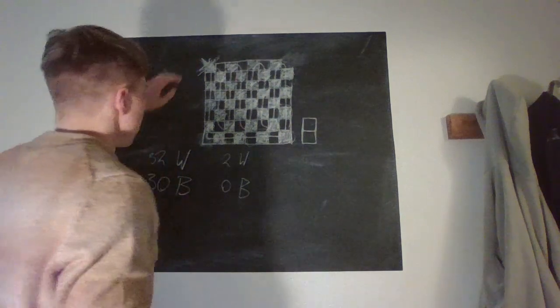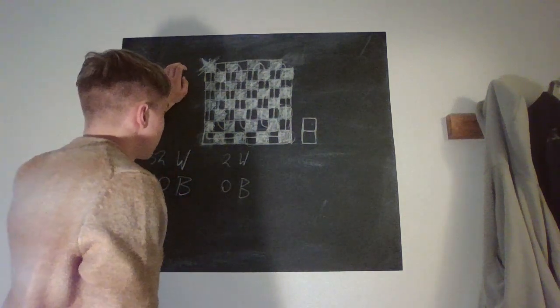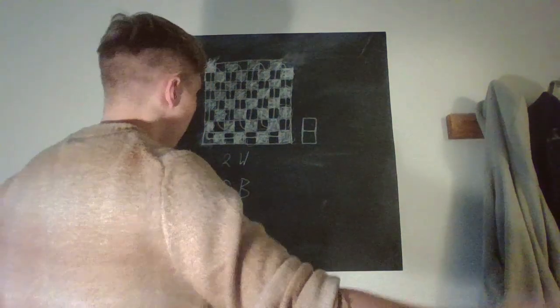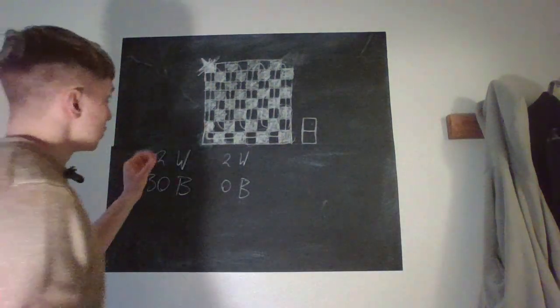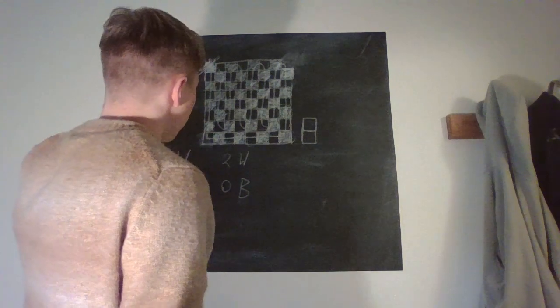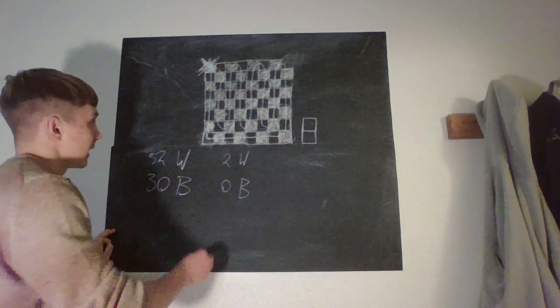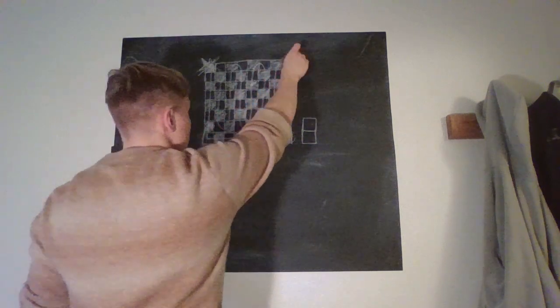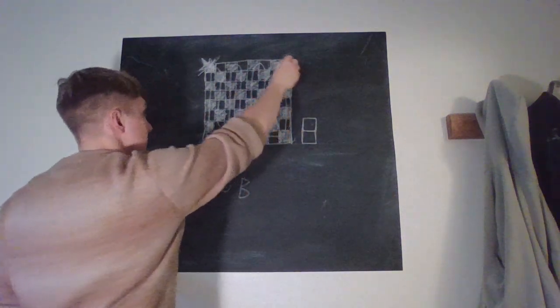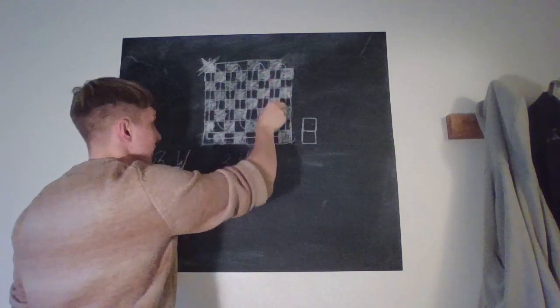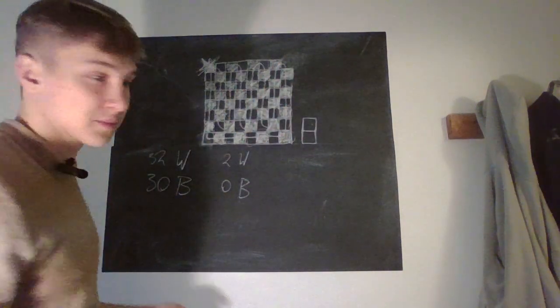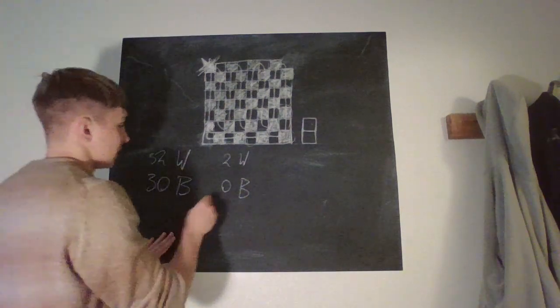Because this path always switches between black, white, black, white. If we therefore remove a black and a white, we know that the number of spaces still left between these two excluded squares is always even, because it goes white, black, white, black.